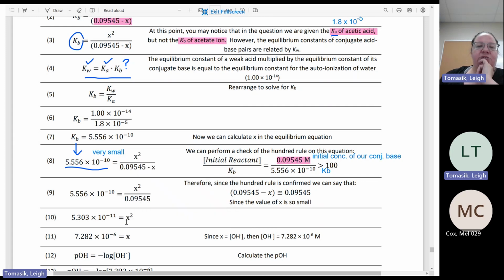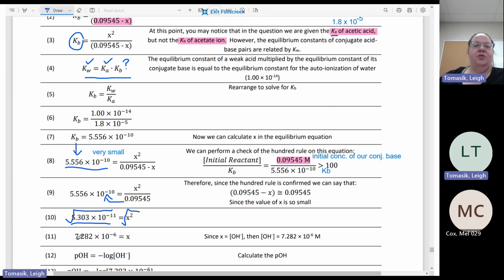So what we can do is cross multiply the 0.09545 with the 5.56 times 10 to the negative 10. We get this number. We need to square root both sides because we don't want x squared, we want x.